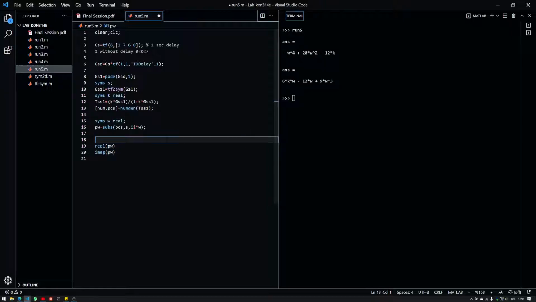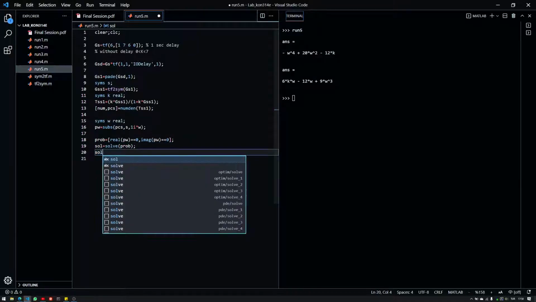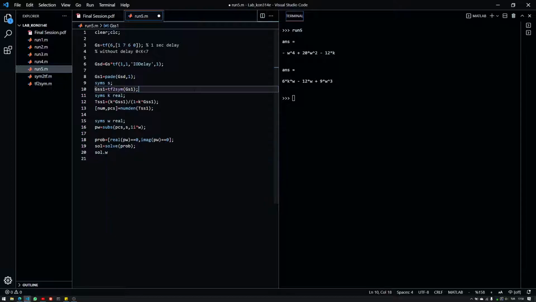So let's form our problem and say that the real part should be equal to 0 and the imaginary part should be equal to 0 simultaneously. Now this should give us a set of solutions. You can also see that, again, we have omega equals 0 here.